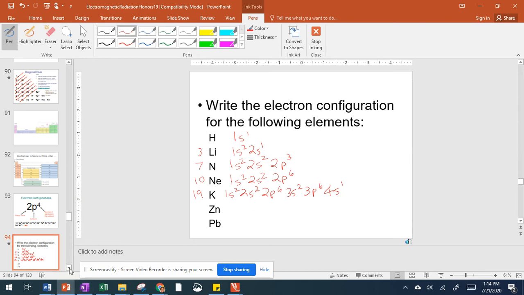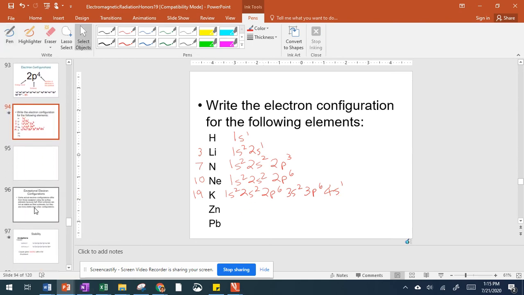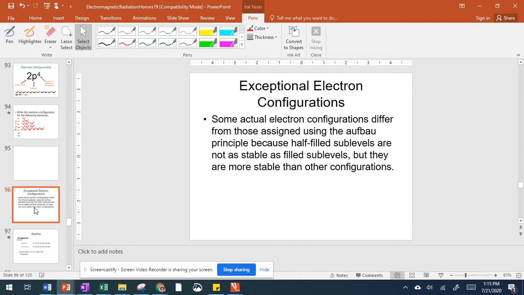So I want to go over a few exceptions on your periodic table. What we see is some actual electron configurations are different from what we expect based on the Aufbau principle. So remember, the Aufbau principle says that we fill the lowest energy sublevels before we fill the higher energy sublevels. The reason why it's different is because half-filled sublevels are not as stable as filled sublevels, but they're more stable than other electron configurations.